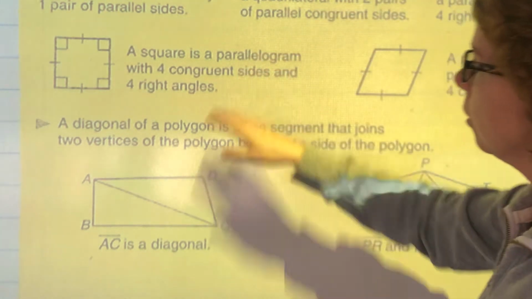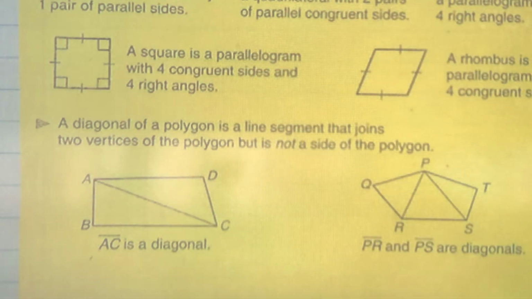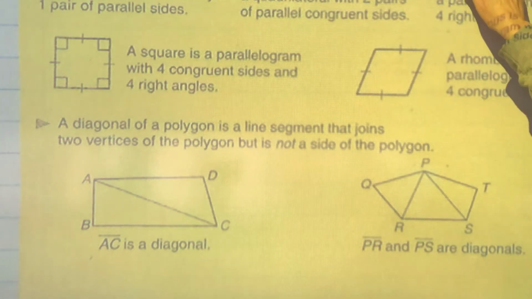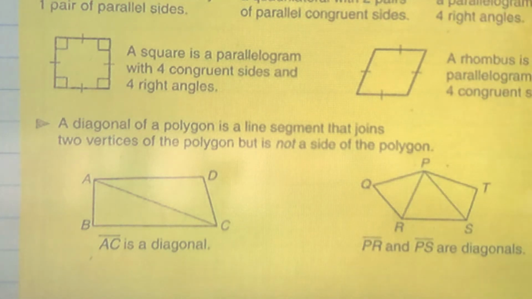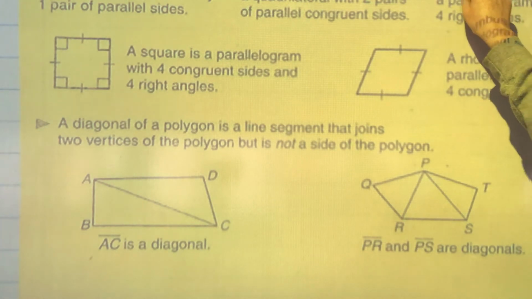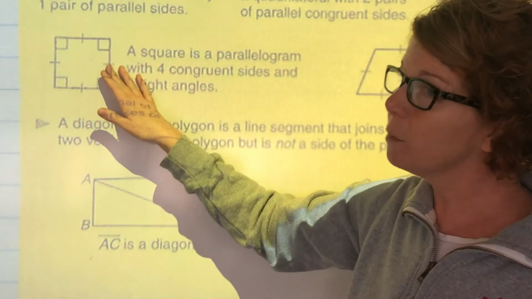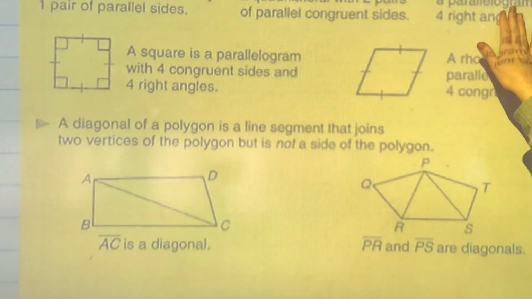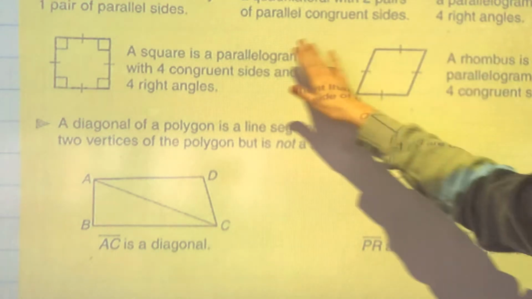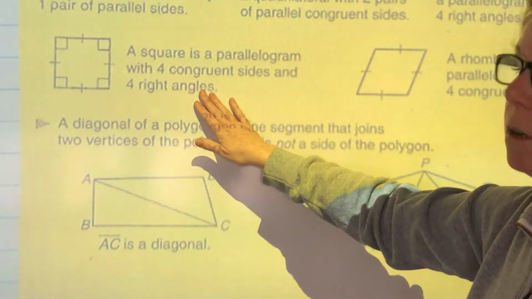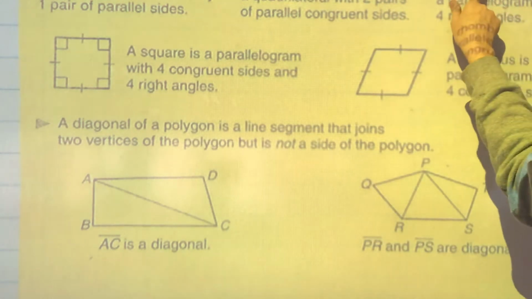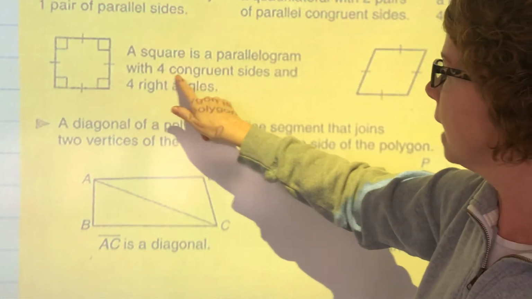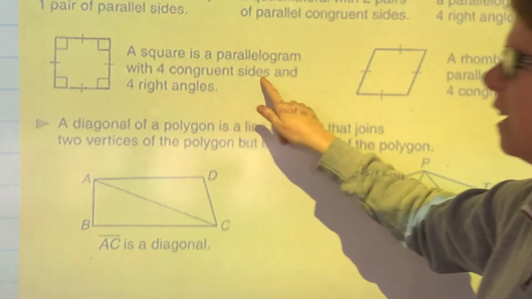But if we look here, a square is a parallelogram with four congruent sides. Does this have four congruent sides? Nope. So this could never be called a square. A square could be called a rectangle because by definition it fits: parallelogram, four right angles. But a rectangle can never be called a square because it doesn't have four congruent sides. Weird.